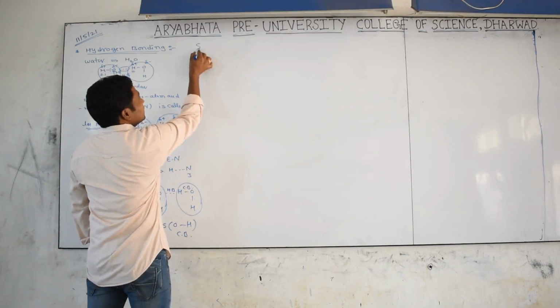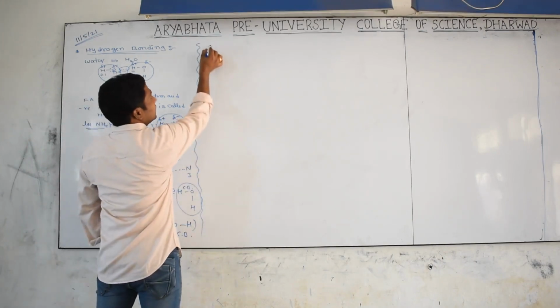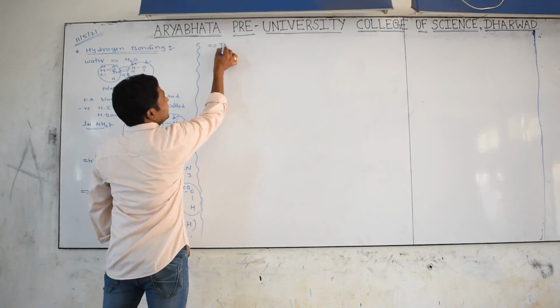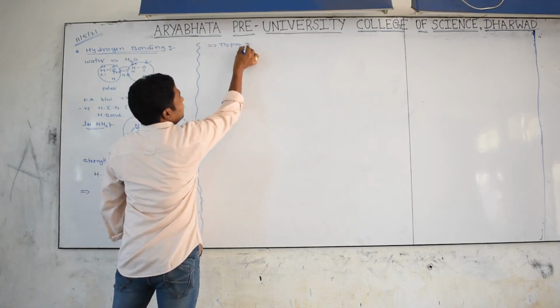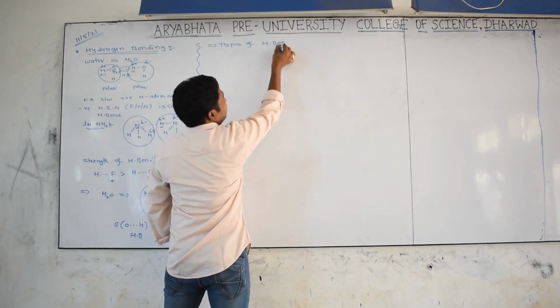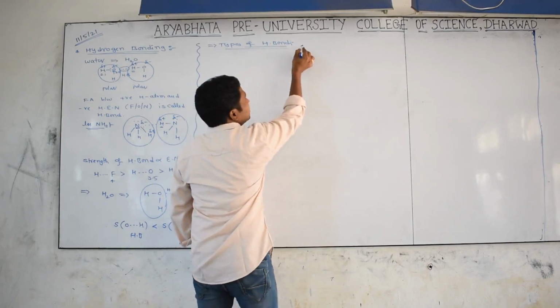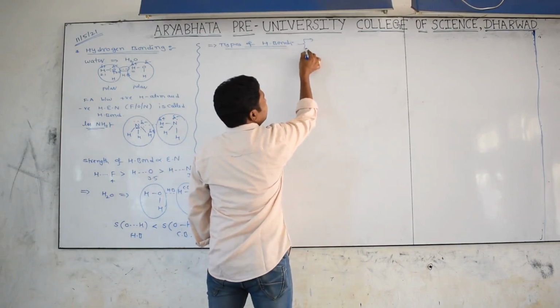Now I will discuss the types of hydrogen bonding. The next concept is types of hydrogen bond. We have two types of hydrogen bonding. First we will see what those are and later we can discuss.